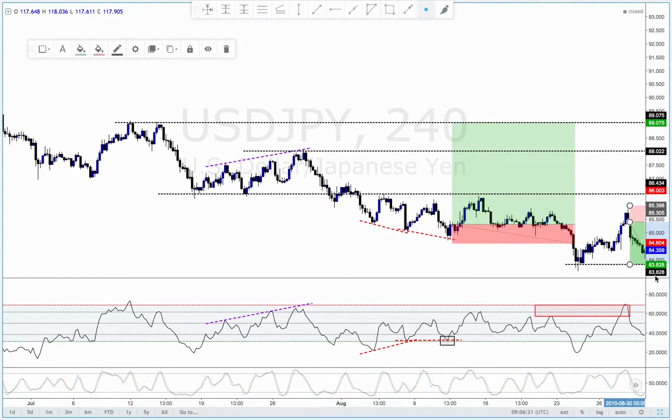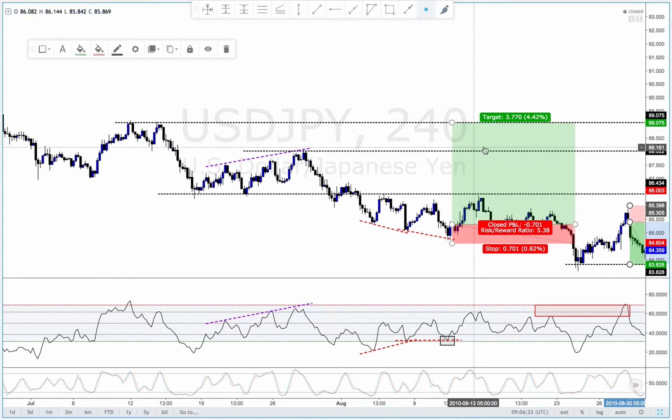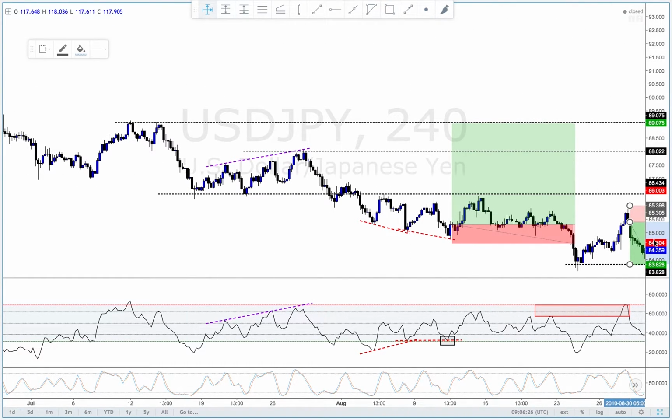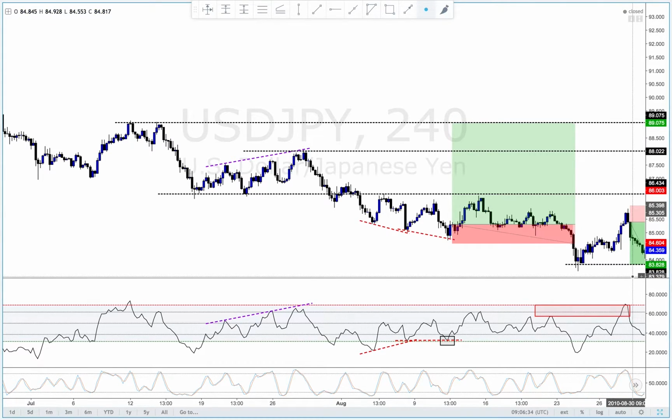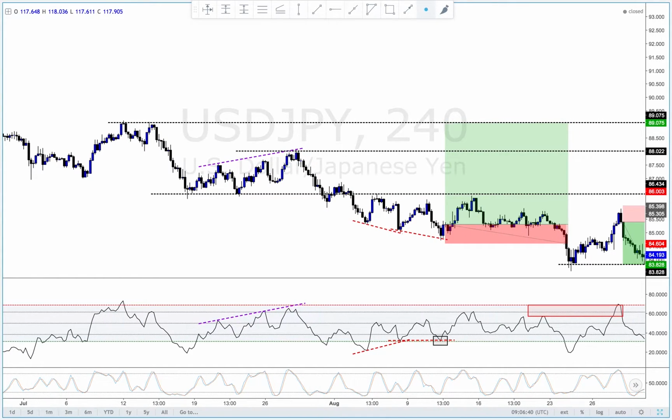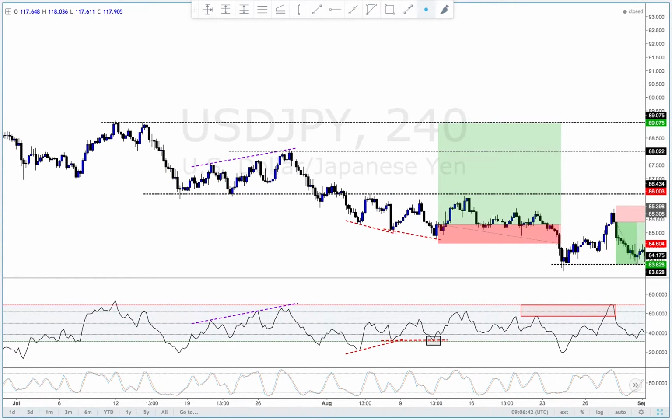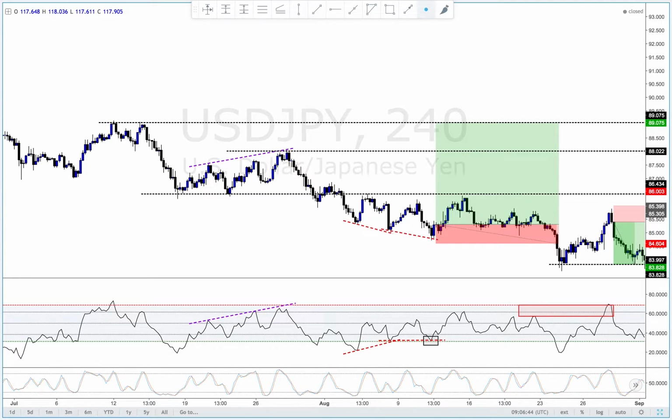It looks like TP1 was met for 157 pips. Let's keep scrolling off of this bearish hidden divergence. Okay. Let's go down even more.